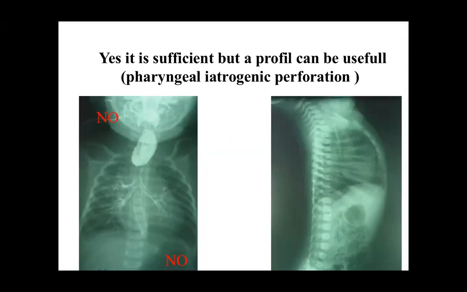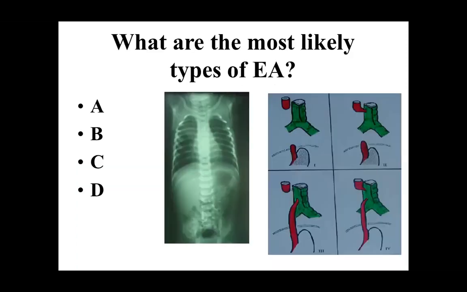But you will notice some strange position of the gastric tube that is too low or too high or eccentric. So in this case, a profile view can be very useful to rule out a pharyngeal iatrogenic perforation. So here we finish our first question.